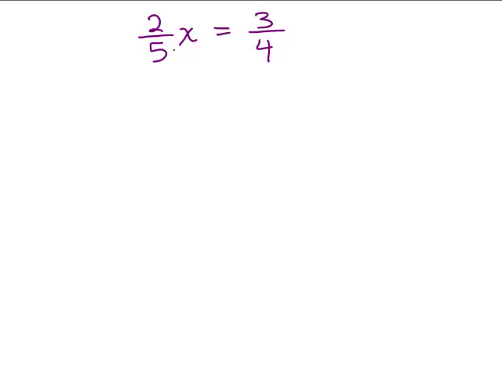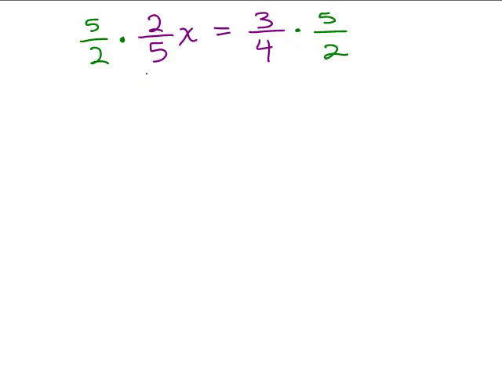The first method we could use is to isolate the x to have just what x equals, is to multiply both sides by the reciprocal of this coefficient. So if this is 2/5, the reciprocal would be 5/2. So if I multiply by 5/2, see how you're going to be able to cancel those 5's and those 2's, but whatever you multiply on the left side of an equation, you have to multiply on the right side of the equation.